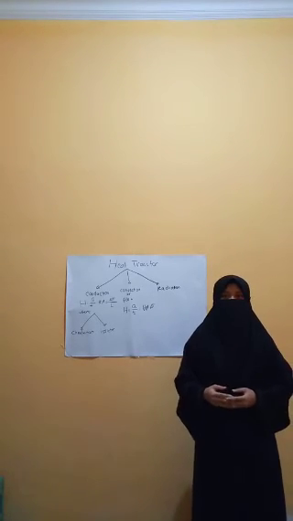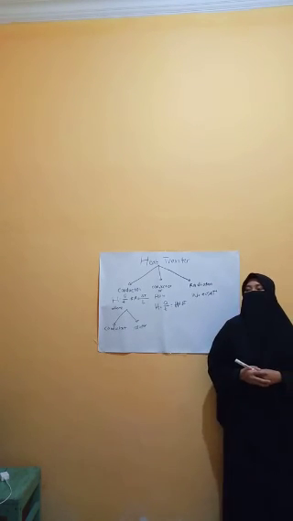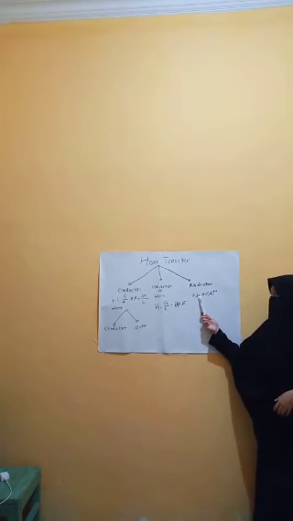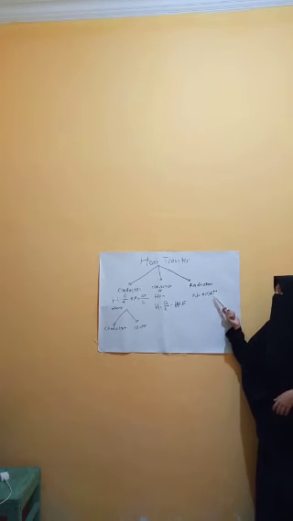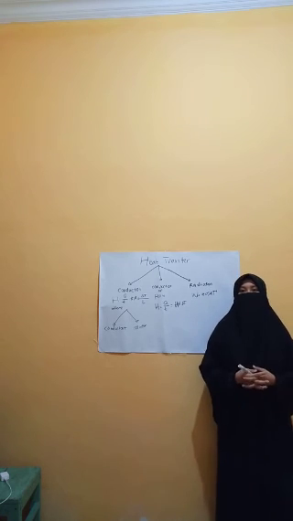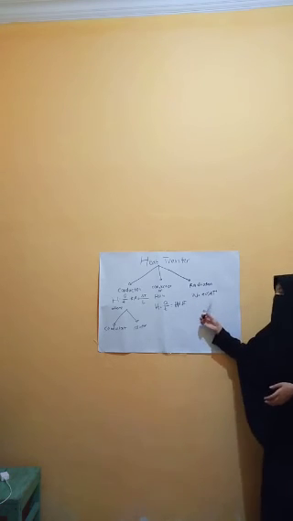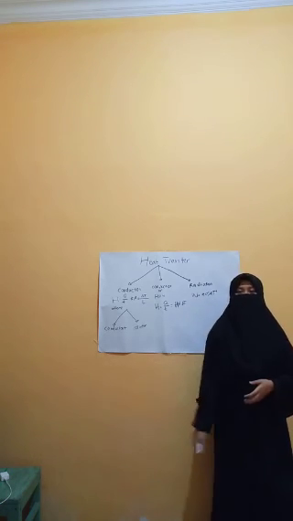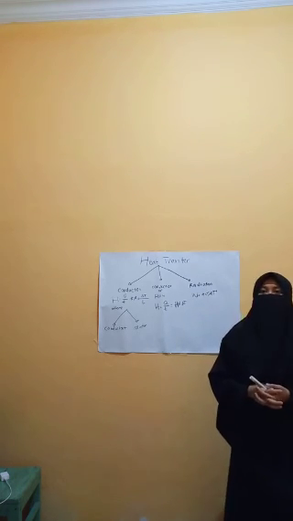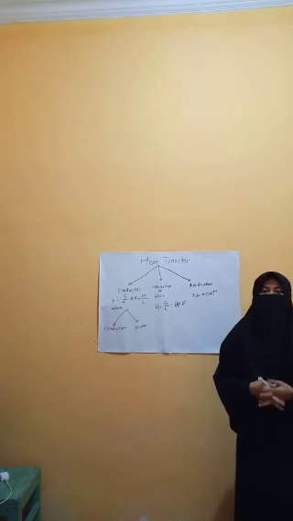Heat transfer rate is calculated with the following formula equation: W equals e sigma A T to the power of 4, where W is heat transfer rate, e is emissivity of material, sigma is the Stefan-Boltzmann constant, and A is surface area.